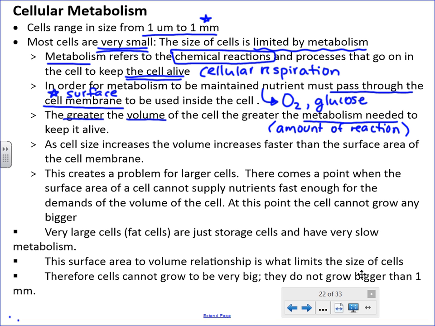Now, as cells grow bigger, what we'll see is that volume increases faster. What we mean by that is that if I were to make a cell bigger and re-measure its volume and its surface area, they would both get bigger, but the volume would get bigger by a larger amount than the surface area. So when we say faster, what we really mean is by a larger amount.